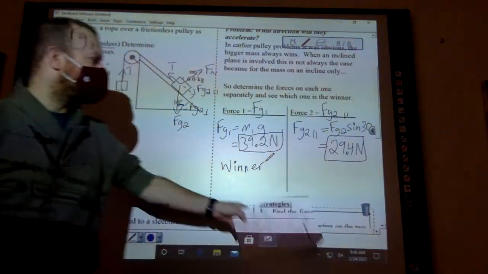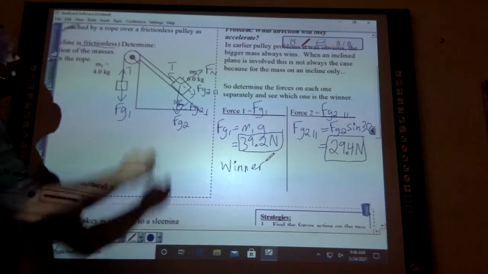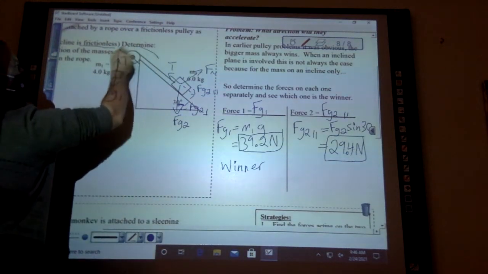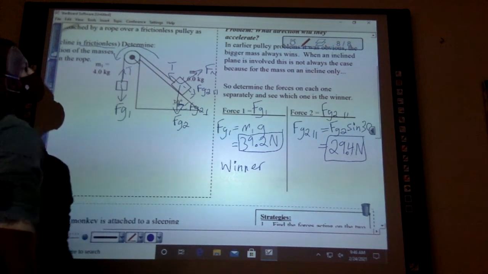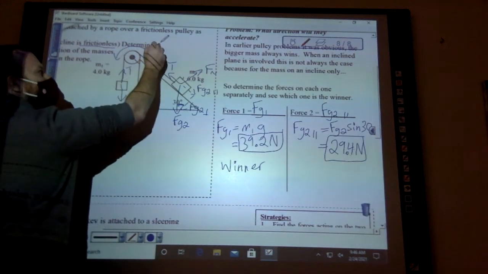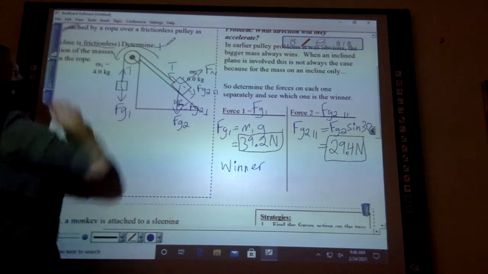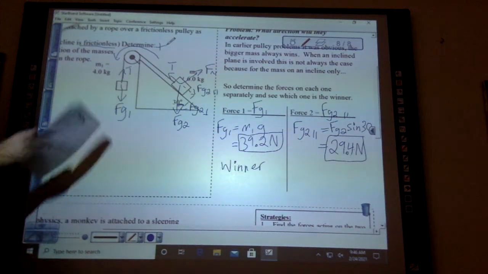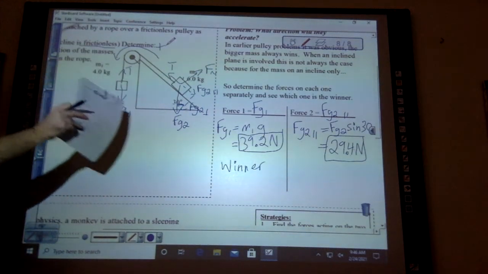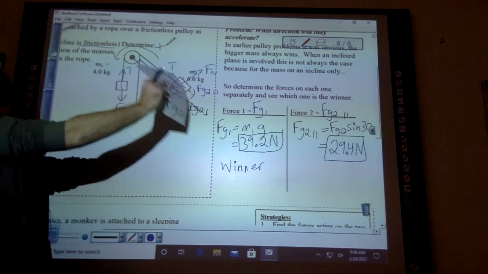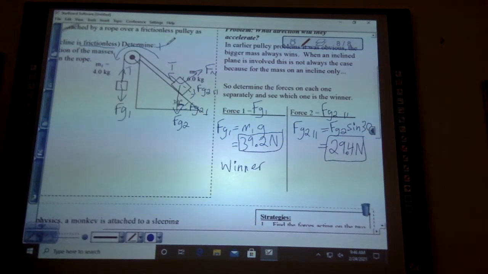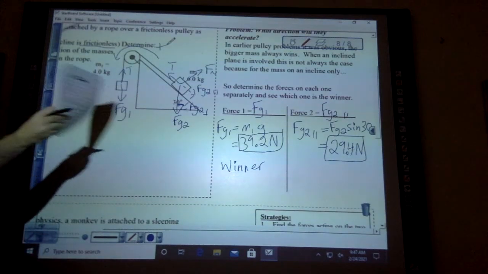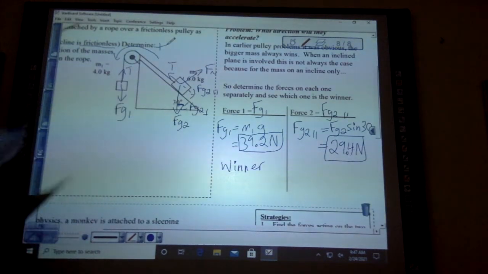Because this force is winning, I now know my direction. Forces going this way are considered positive. So all my forces going down over here or up the incline here are positive. Everything else is negative. So we had to first figure this out in order to figure out direction.